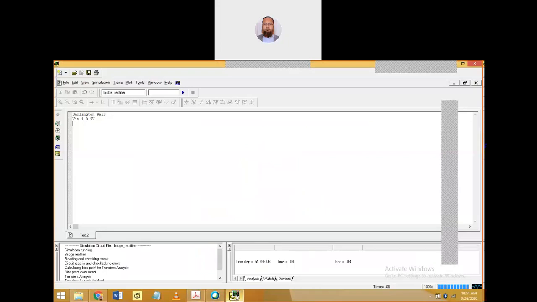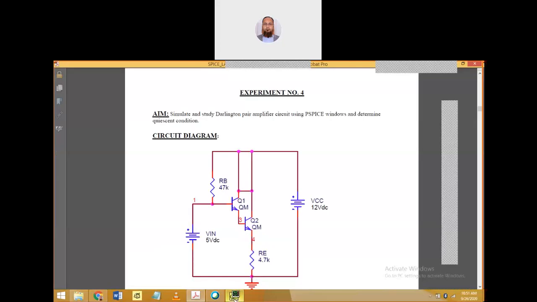VCC is the supply we use for biasing; this is called the biasing voltage. If I don't write volt, it also understands that it is the voltage. So I have written the two voltages.